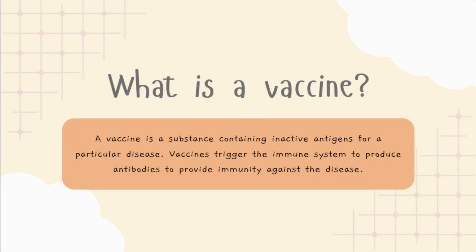A vaccine is a substance that contains inactive or weakened antigen of a disease-causing pathogen. When a vaccine enters our body, it does not cause disease, but it trains our immune system to recognize and fight that pathogen in the future.